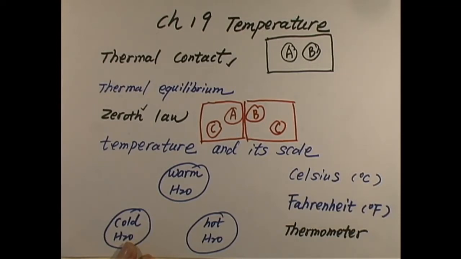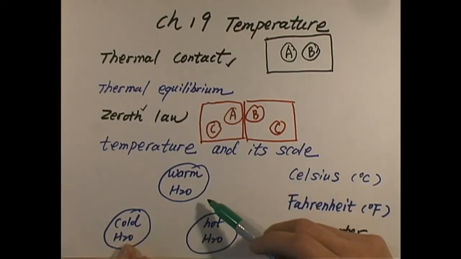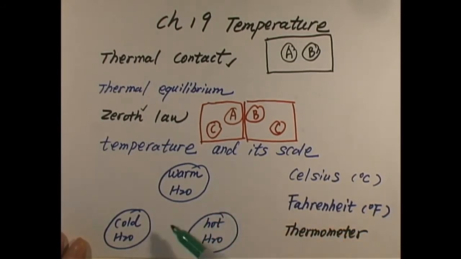That is not true. Here is a very interesting experiment. Say I have 3 pots of water: one is cold water, one is hot water, one is warm water. Can you imagine, if I put my left hand in the cold water, my left hand will say, well, it's cold. I put my right hand in the hot water and my right hand tells me, well, it's hot.